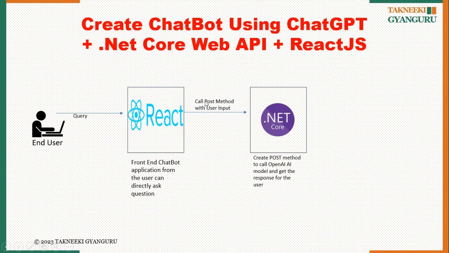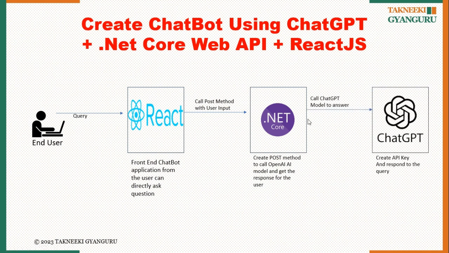React.js will call the post method and give it the user input, whatever questions the user enters. It will take that from the user and push it into the post method, which is written in .NET, the core API we will create.